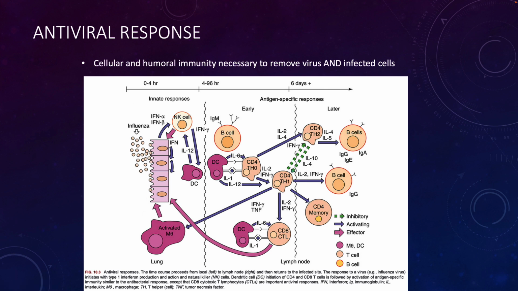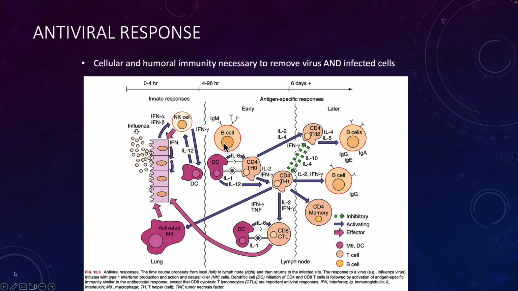Remember, really what we have to have happen with a viral infection is two-pronged. We have to have our cellular immunity, which will be mediated by T cells, and we have to have our humoral immunity, which is mediated by antibodies. That's because antibodies are great for going out and neutralizing viral particles, but once a cell is already infected, the only way for that cell to really clear the infection is to undergo apoptosis.